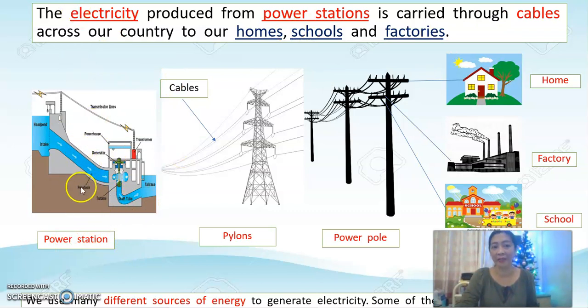From the power station, the cable connects to the pylons. Then the cable connects to the power pole, and from there the cable connects to homes, factories, schools, and other places like the market. That's why we have lights.